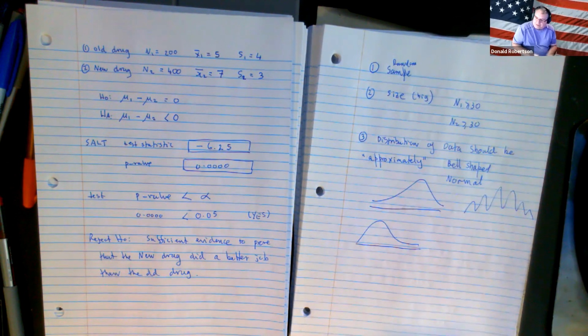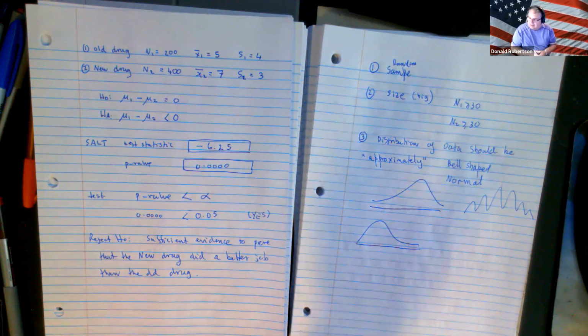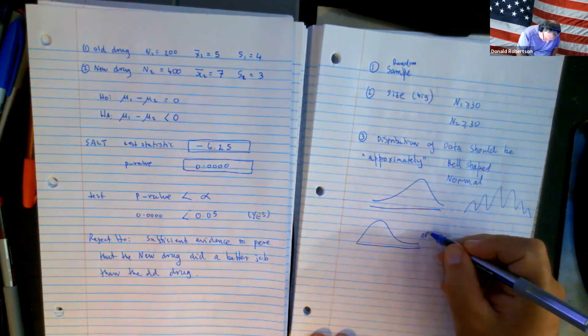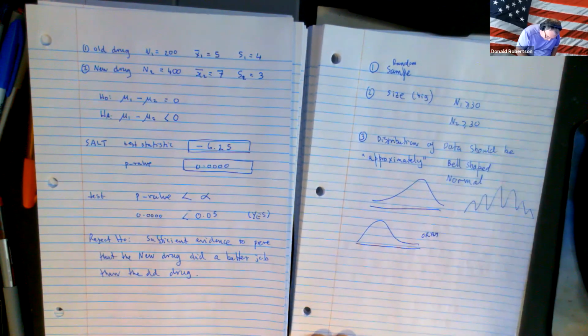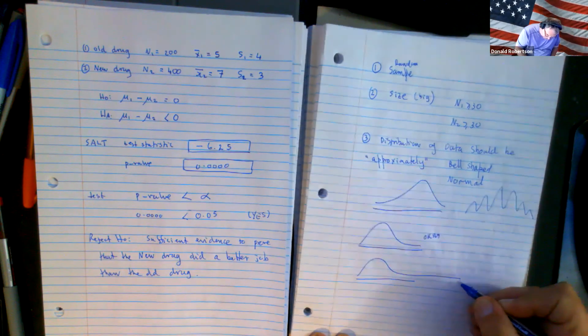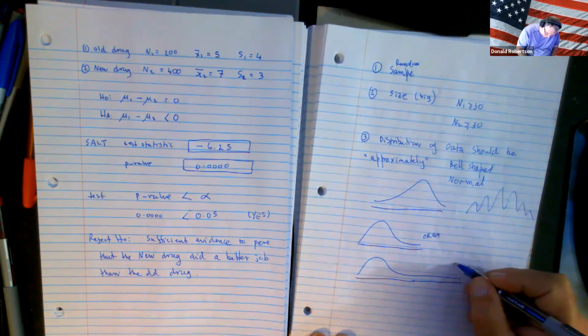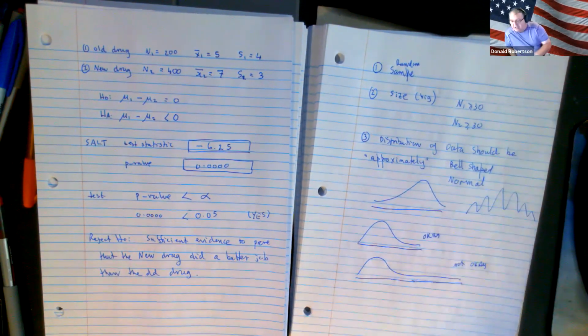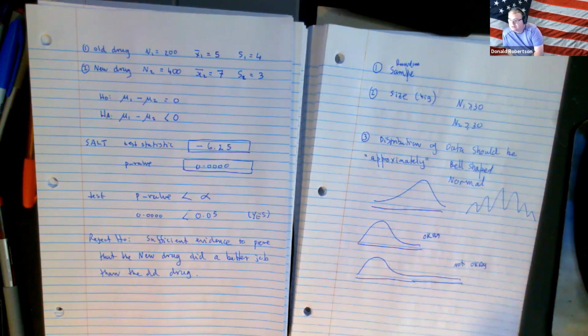Isn't there always going to be a little bit out here, a little bit out there? You got to expect that, but that's okay. What you can't have is data that is very skewed to the right.